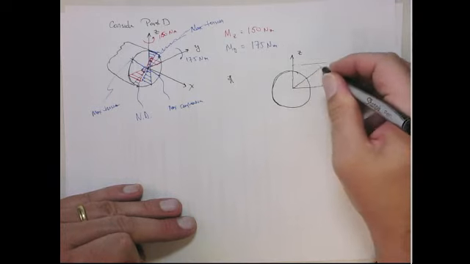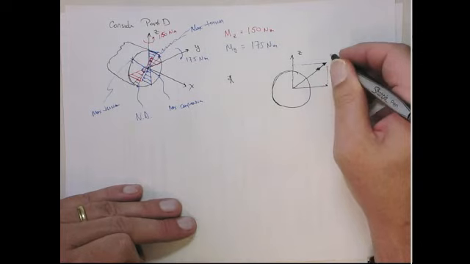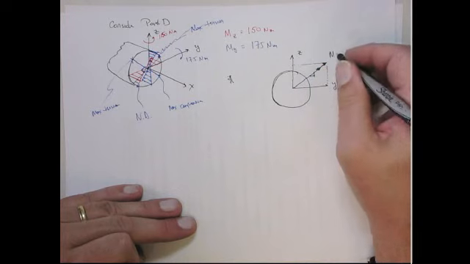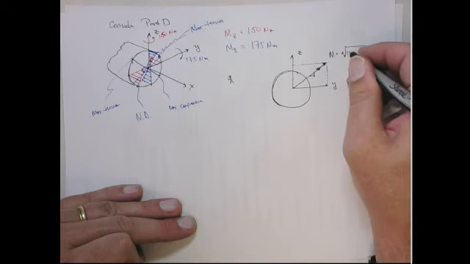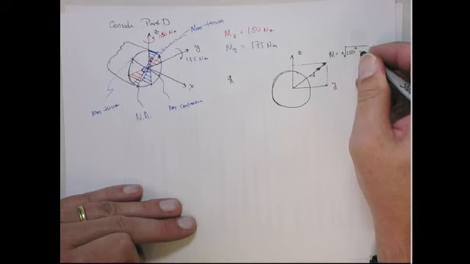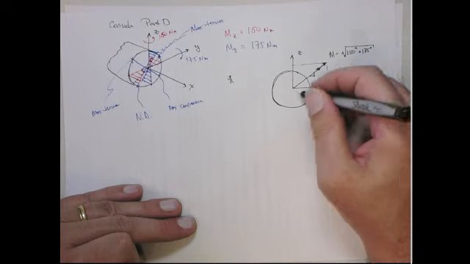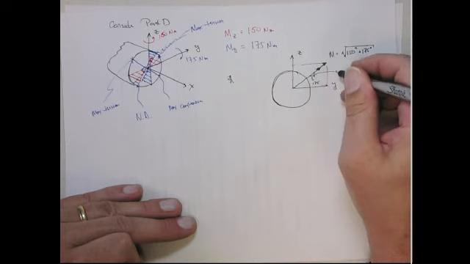So this would be the moment vector. Okay? So this is the moment vector, and it's going to have a value of the square root of 150 squared plus 175 squared. The slope of this is going to be 175 and the slope of this is 150.